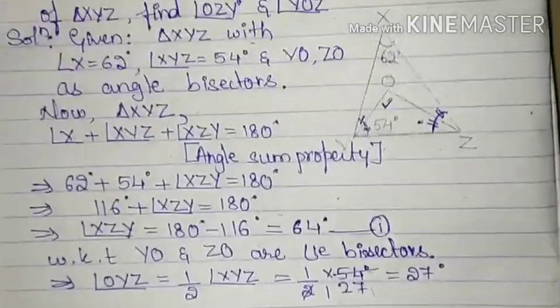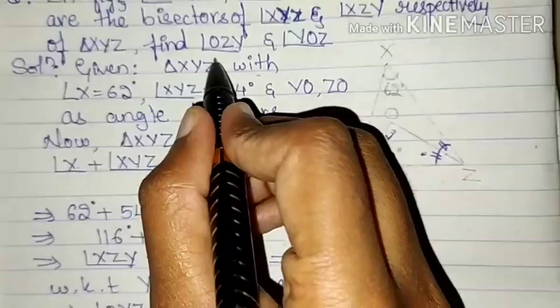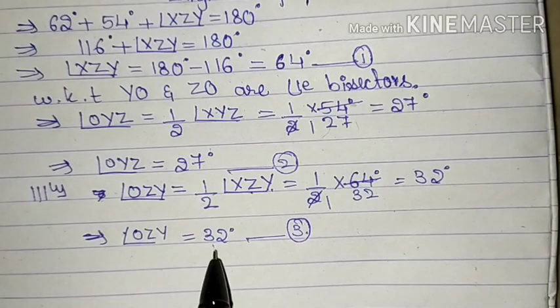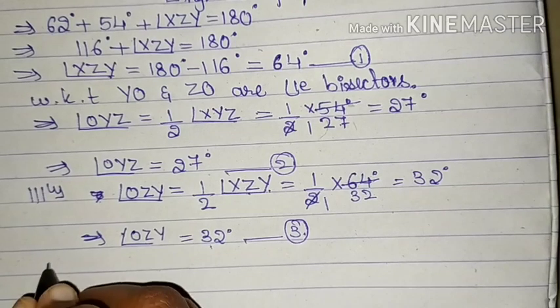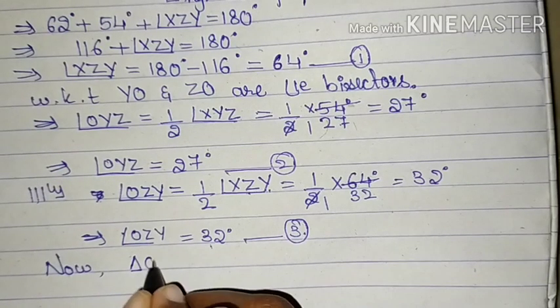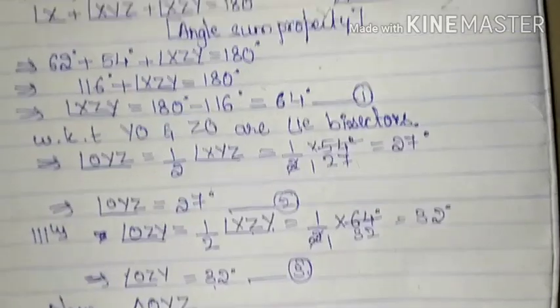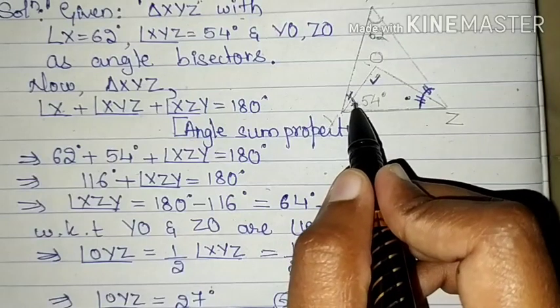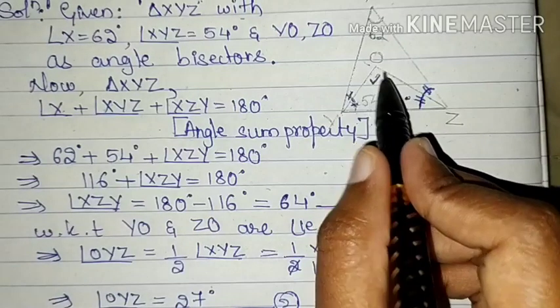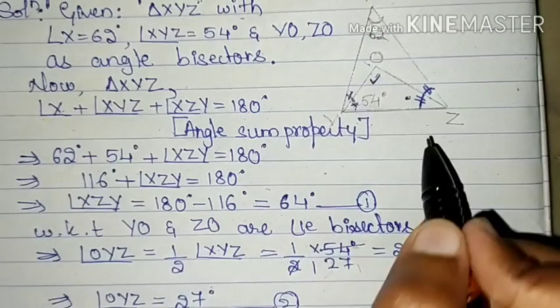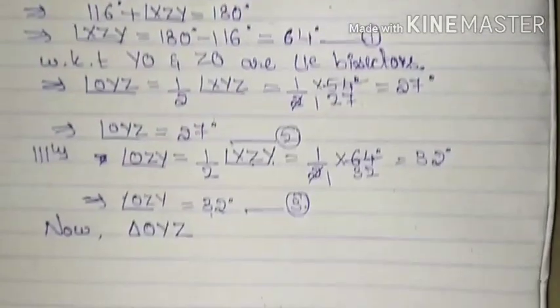In the question we were supposed to find the value of angle OZY and we got the value of angle OZY to be 32 degrees. This completes half of our solution. Now in triangle OYZ, that is the smaller triangle, we know the value of angle OYZ and angle OZY. All we have to do is find the value of angle YOZ by applying the angle sum property.